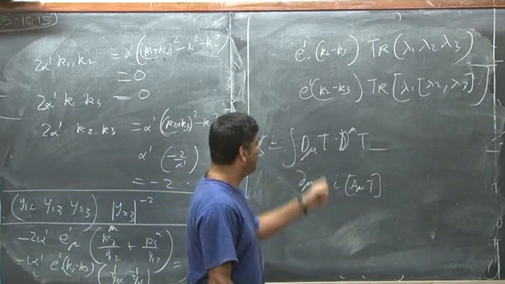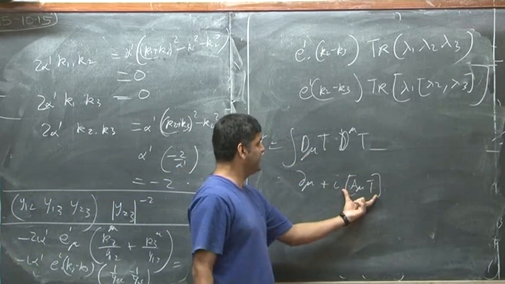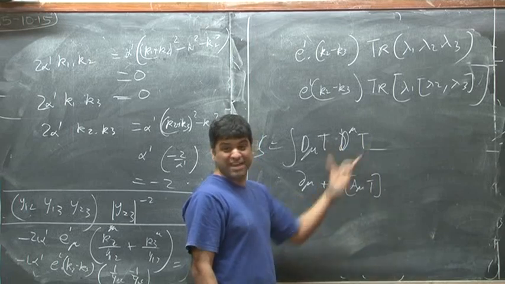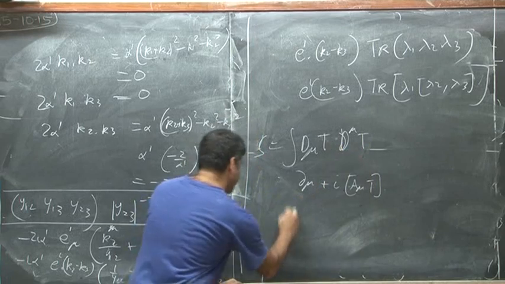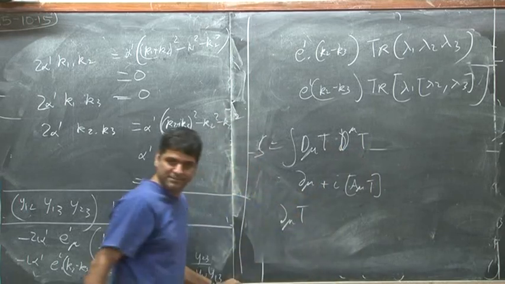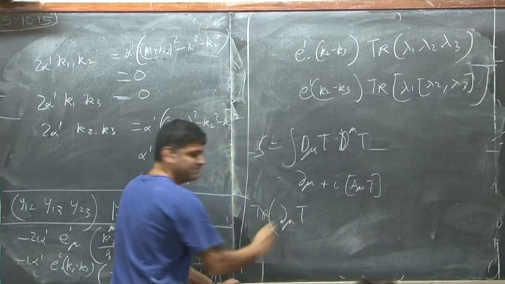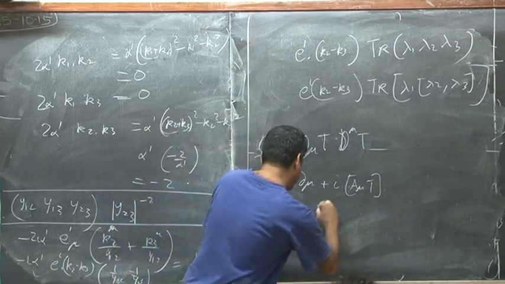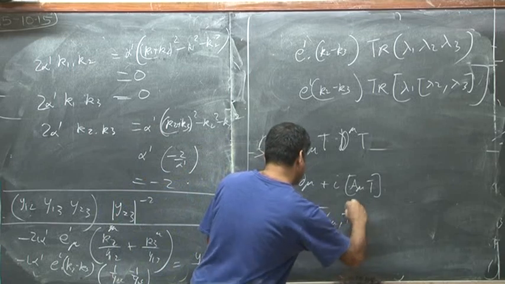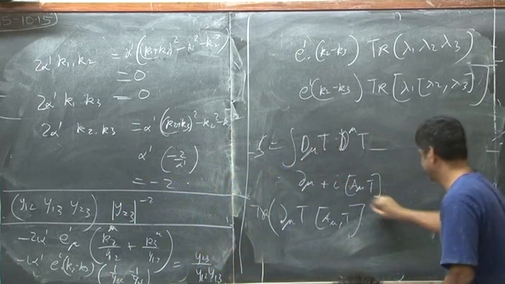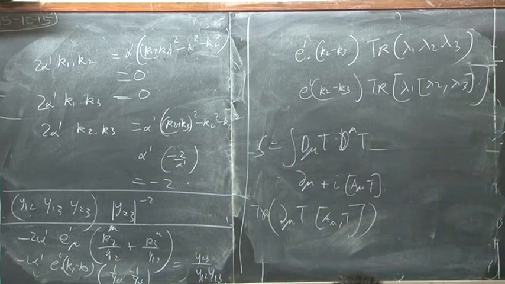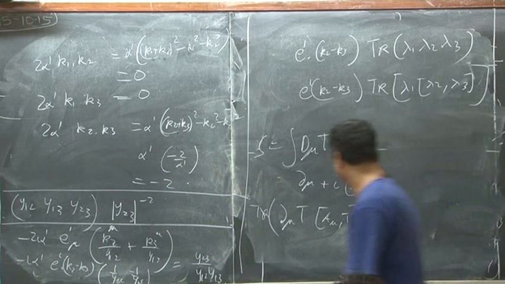Okay, so let's look at the 3-point function. The 3-point function comes from one of these things, and one guy here which is just the derivative of t. So the 3-point function comes from this trace of d mu t times a mu t. Okay?